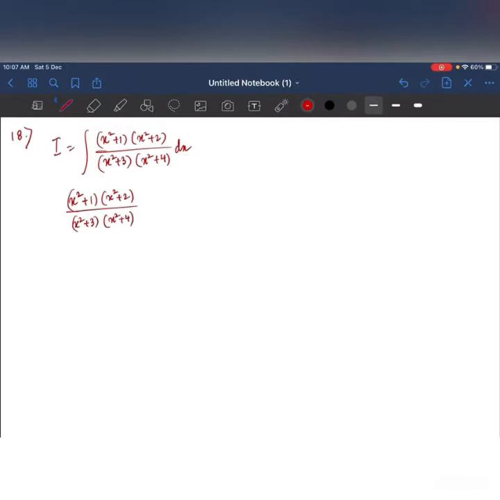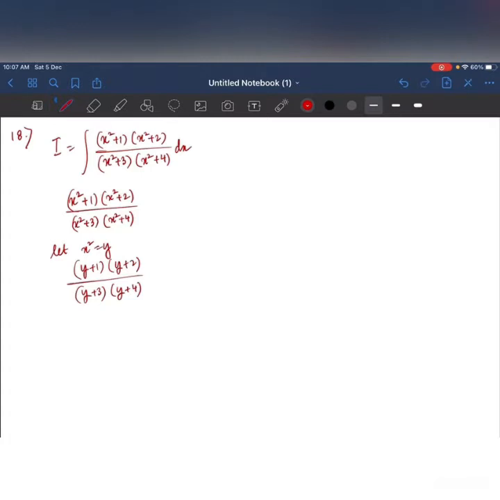In order to simplify, this x square term is repeating again and again, so I will transform it into something linear. Let x square be equal to y. So we have (y plus 1)(y plus 2) divided by (y plus 3)(y plus 4).